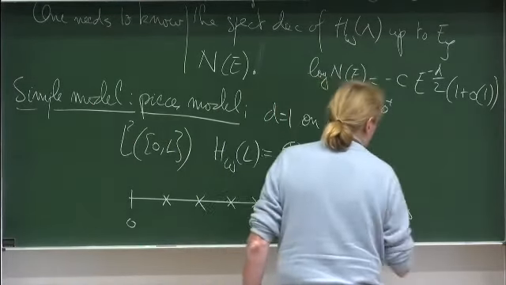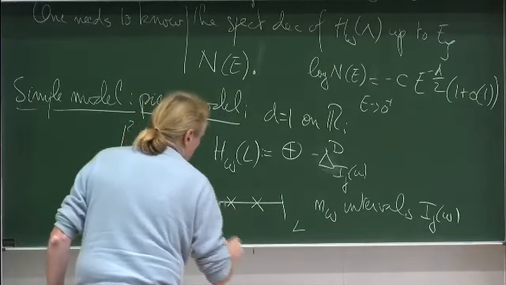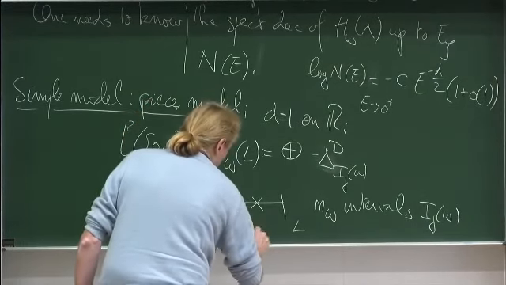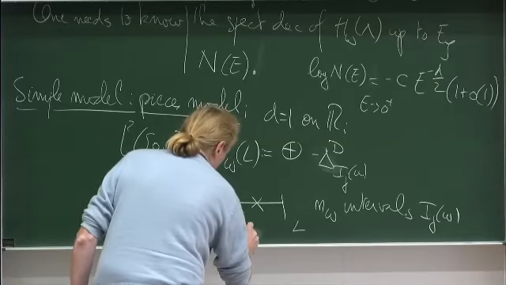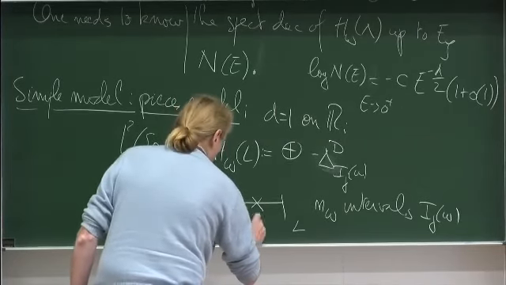So here we have I_1 of omega, I_2 of omega. Let me put some dots here. And I_(n of omega minus 1), sorry, n of omega minus 1. It depends on omega as well.